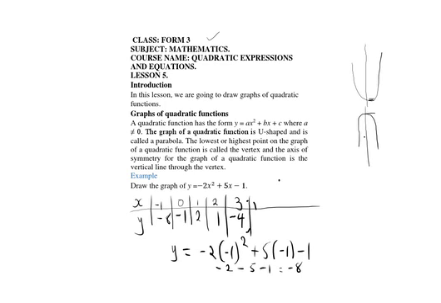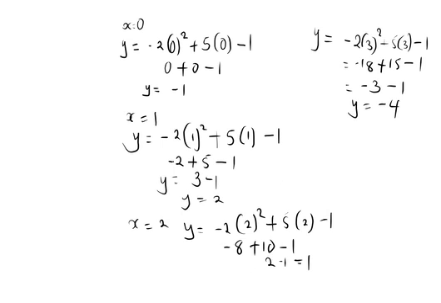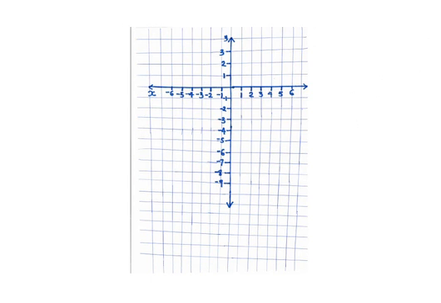Now with the table of values, we can plot that graph on the grid which is provided there. So we can have the table of values here. We have x and y. We start with x being negative 1, when the value of y is negative 8.